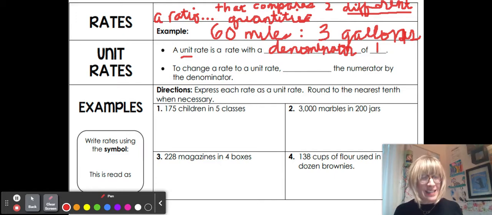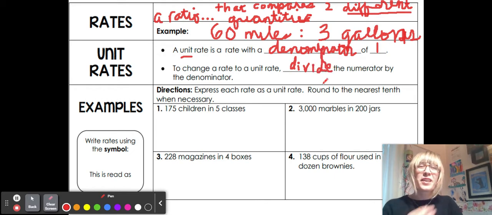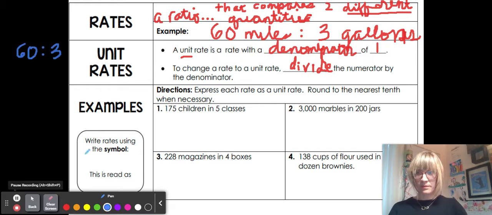And a rate is just a fraction. So a unit rate has a denominator of 1. To change a rate to a unit rate, you're just going to divide the numerator by the denominator.